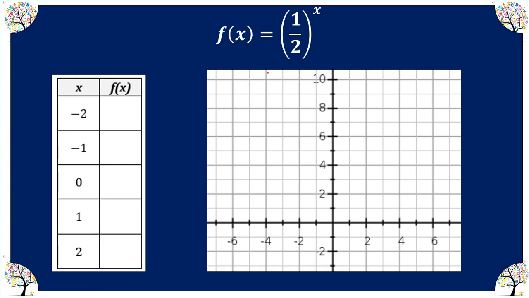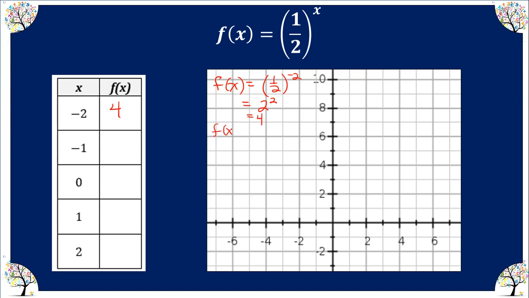Okay, let's graph this function. We're going to plug in again our x values, start with -2. So this tells me that I need to reciprocate my base. So I'm going to have 2 squared, so this gives me 4.